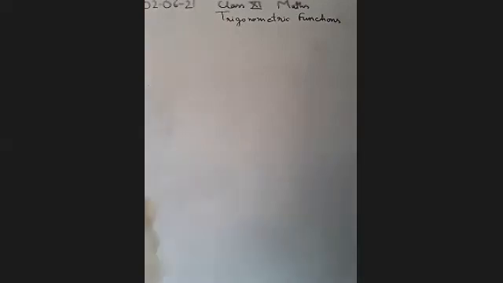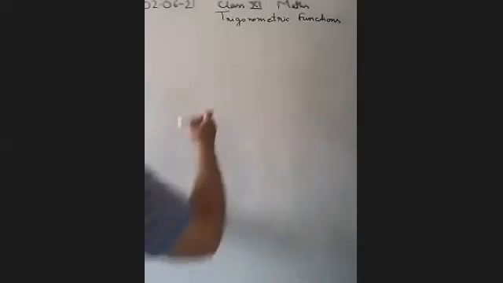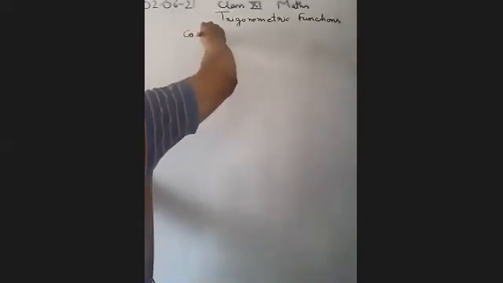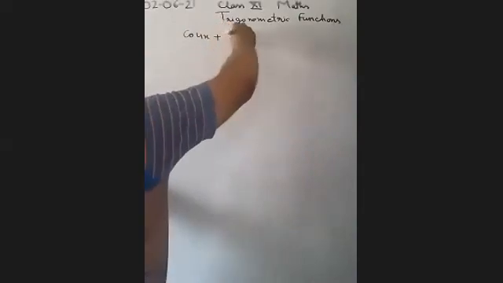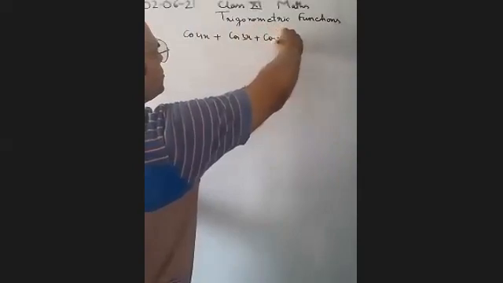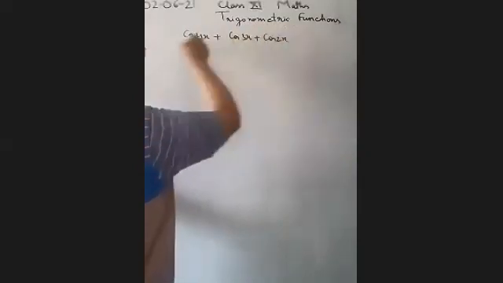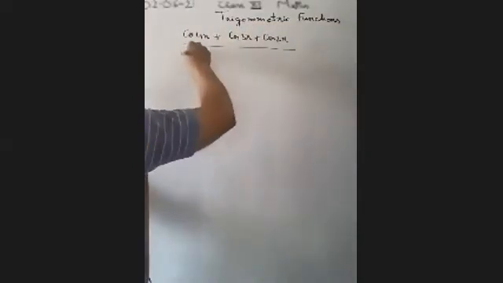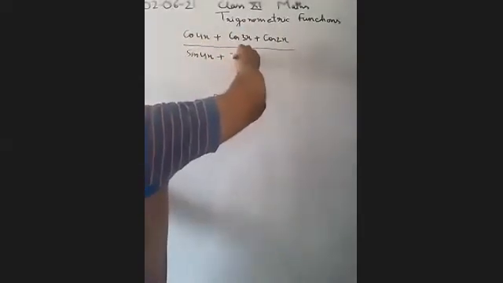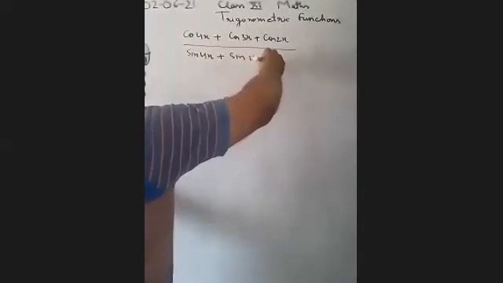Question number 21: cos 4x plus cos 3x plus cos 2x. Similarly, they are giving you in the denominator sin 4x plus sin 3x plus sin 2x.